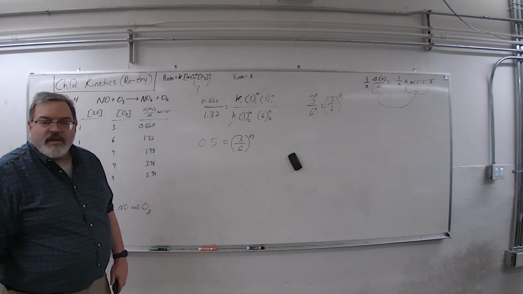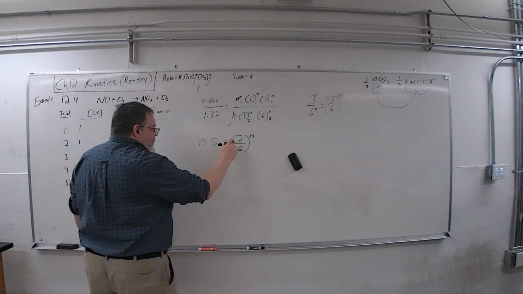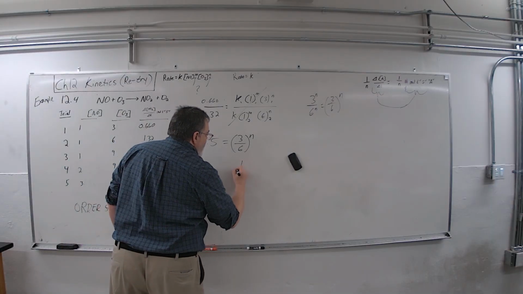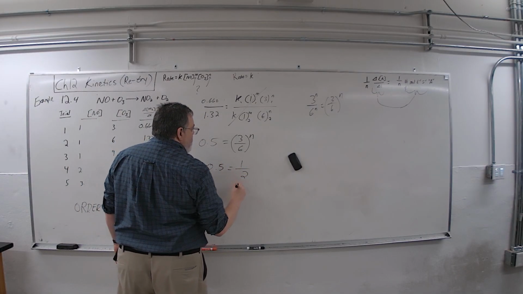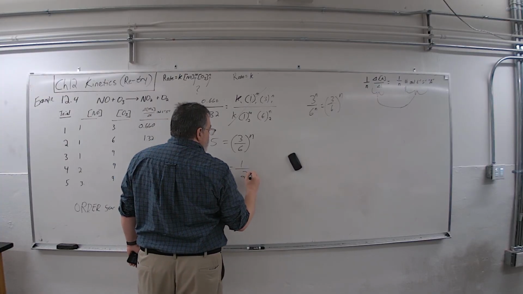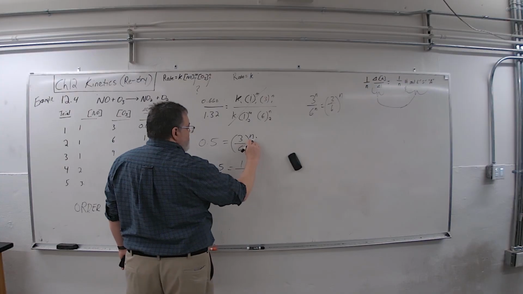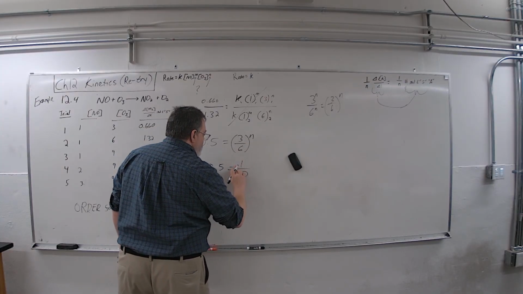So I can rewrite that, and now I can solve for n. What is this? It's 1/2, aka 0.5. So what must this be?